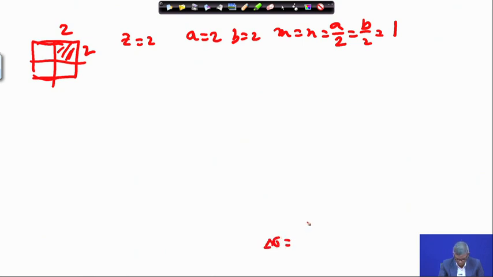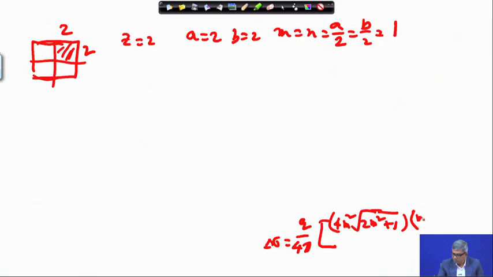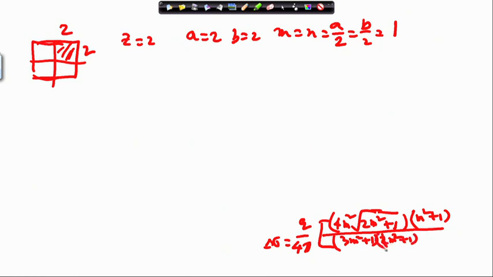Delta sigma will be equal to q by 4 pi, 4m square under root 2m square plus 1 multiplied by m square plus 1, divided by (3m square plus 1 multiplied by 2m square plus 1), plus sine inverse of 2m square under root 2m square plus 1 divided by (m square plus 1) whole square.